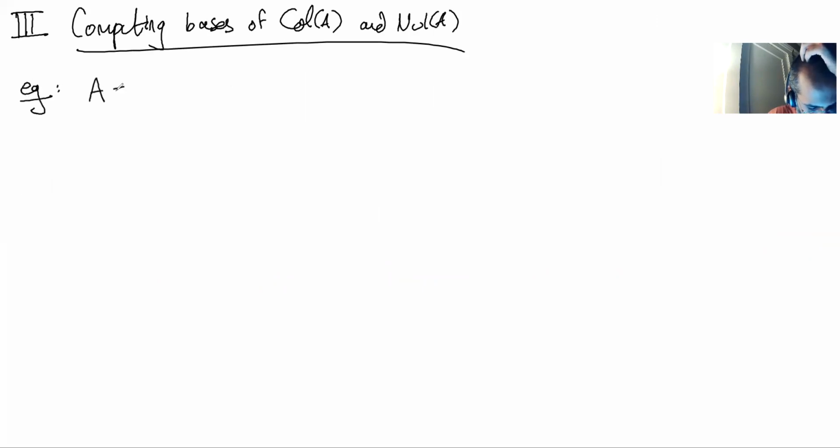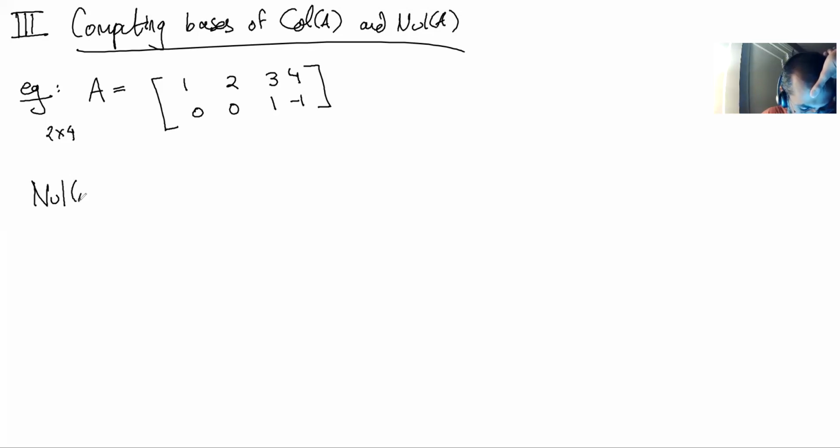So let's look at a 2x4 matrix. And remember, the null space is the set of solutions.